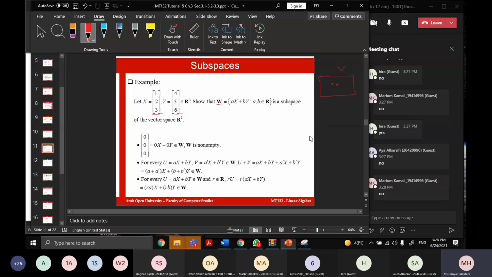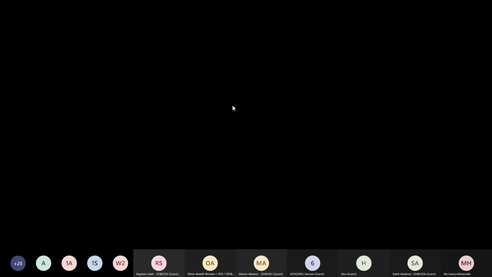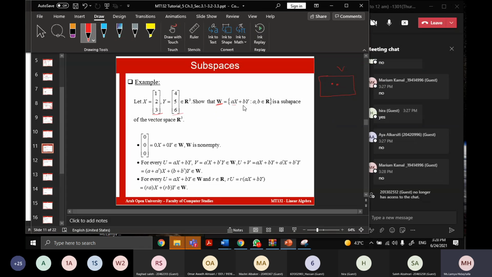And now I took a space, a subset from V. How do the elements of this space look like? They are the linear combination of X and Y. That means we are multiplying X by a real number, let's say A, and Y times another real number, let's say B, and then we add the resultant.